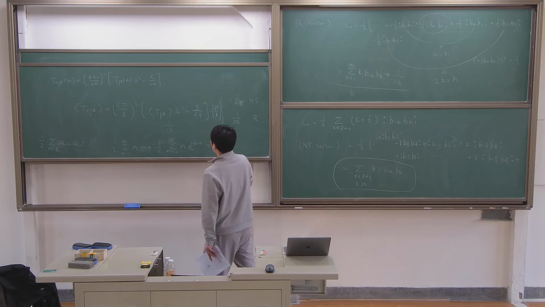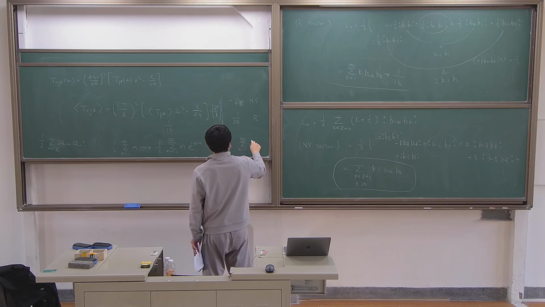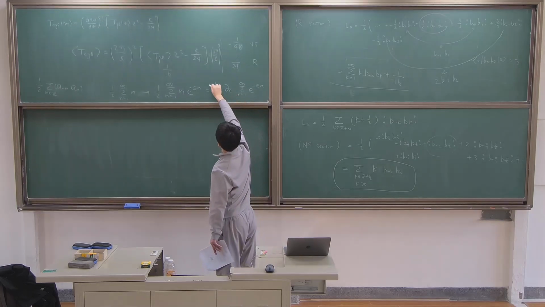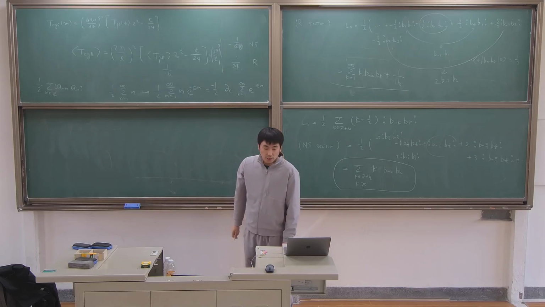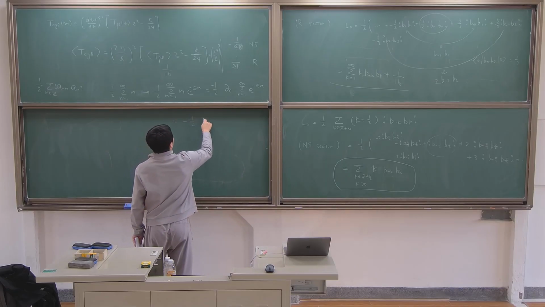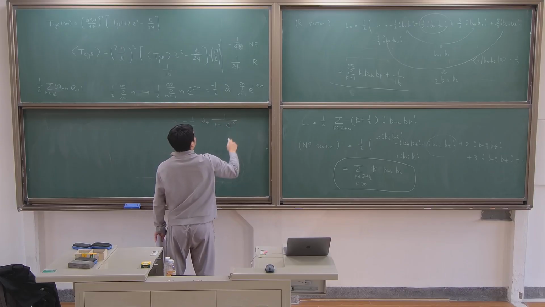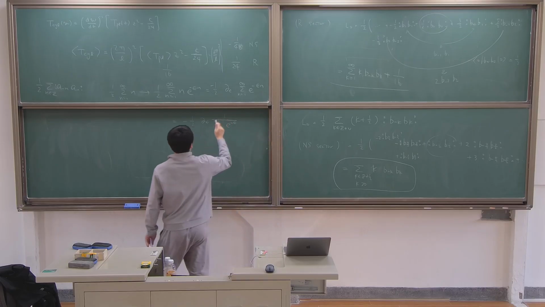But this one is equal to 1/2 derivative with respect to epsilon of the sum of n equal to 1 to infinity of e to the minus epsilon n, and the minus sign here. And then this will give you something like this, minus 1/2, and then do the Taylor expansion.